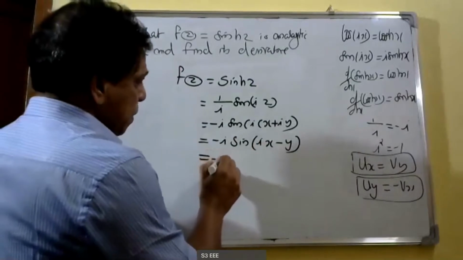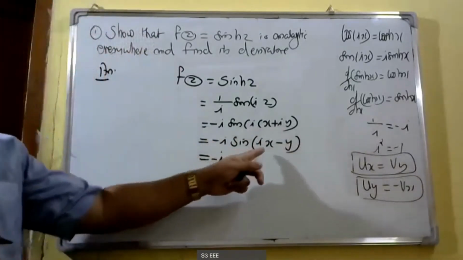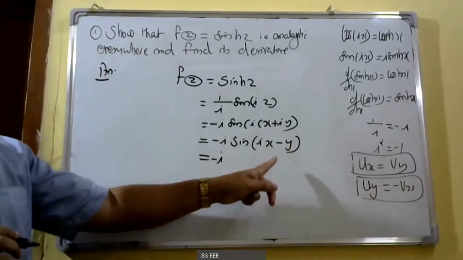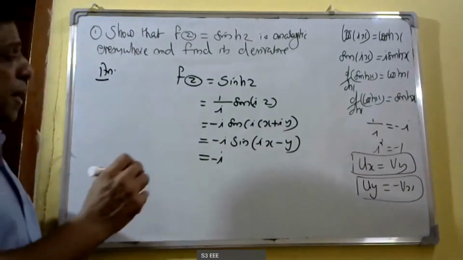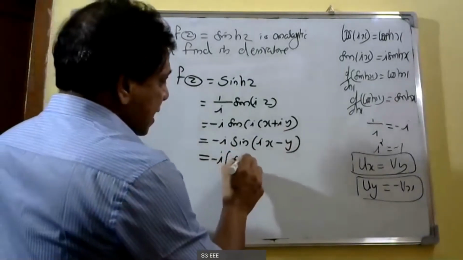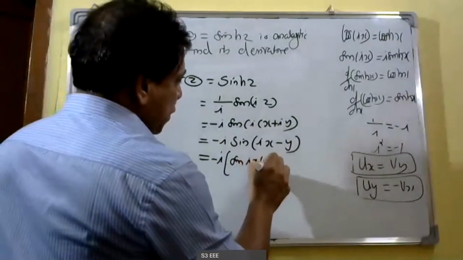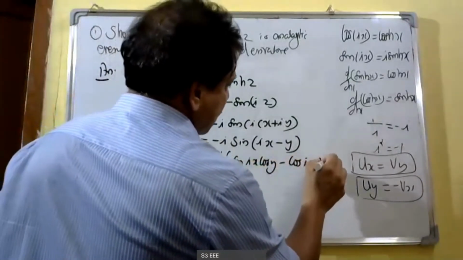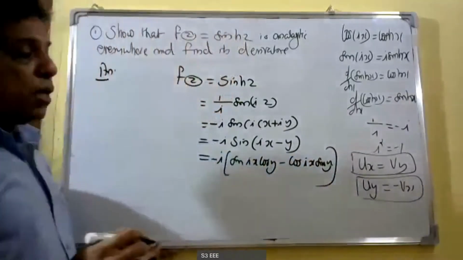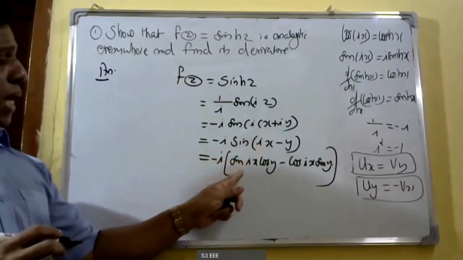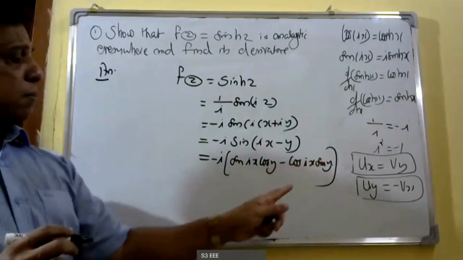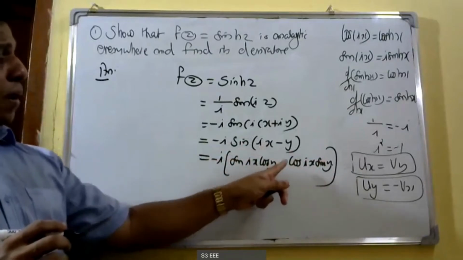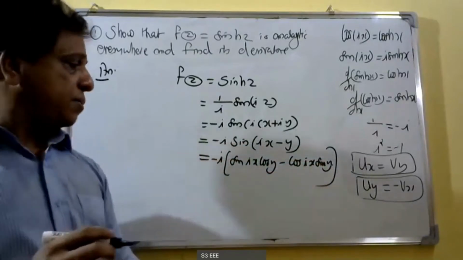This is equal to minus i into sin of a minus b. The trigonometric identity: sin a minus b is equal to sin a cos b minus cos a sin b. Therefore, sin ix cos y minus cos ix sin y.